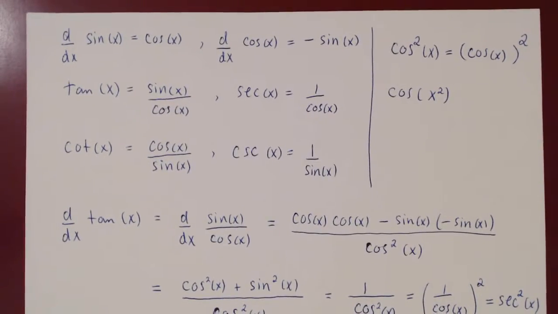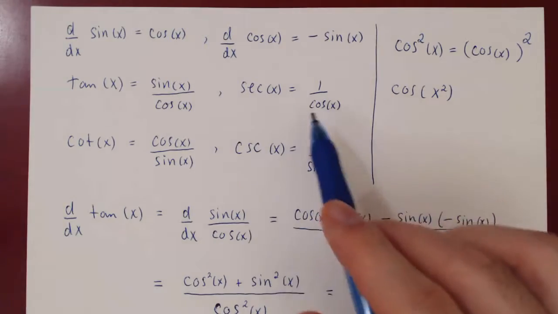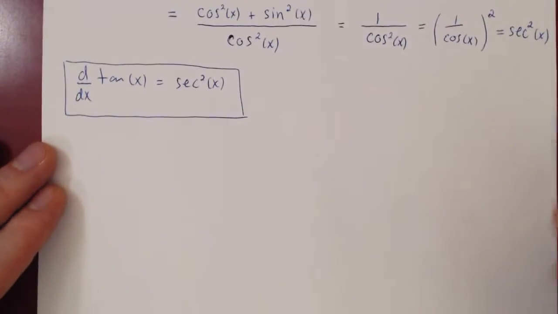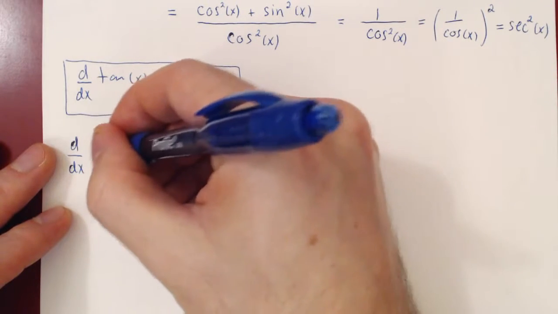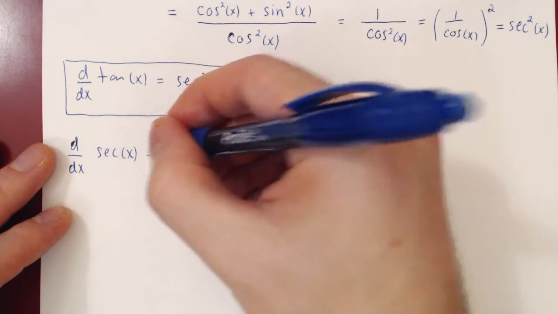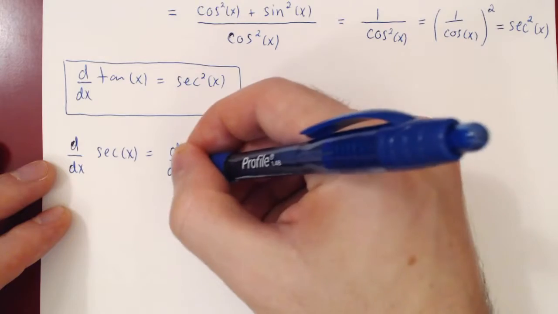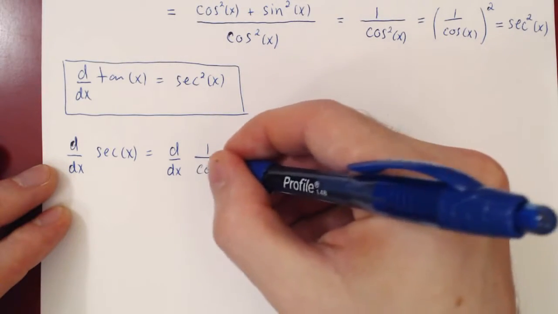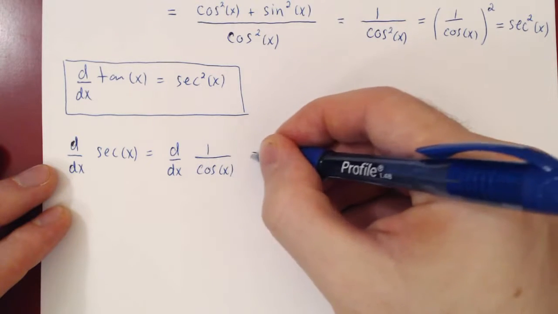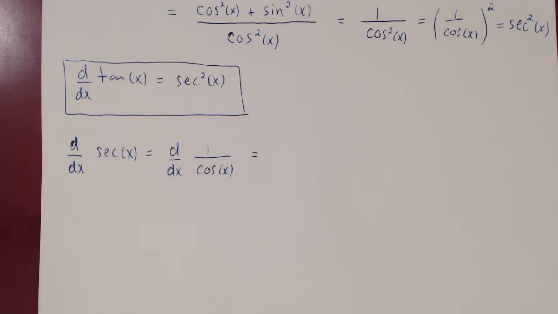So let's differentiate secant of x, remembering that secant is 1 over cosine. So the derivative of secant of x is, well, the derivative of, and now we replace secant by 1 over cosine of x. Once again, we have a quotient. Let's use the quotient rule.